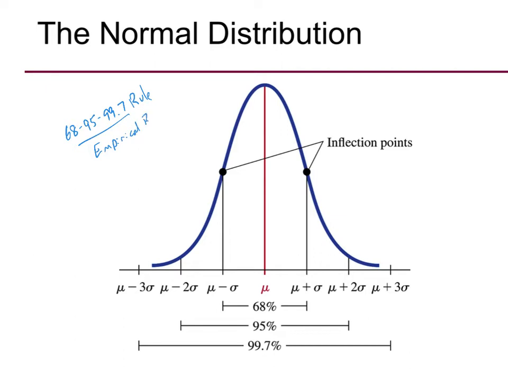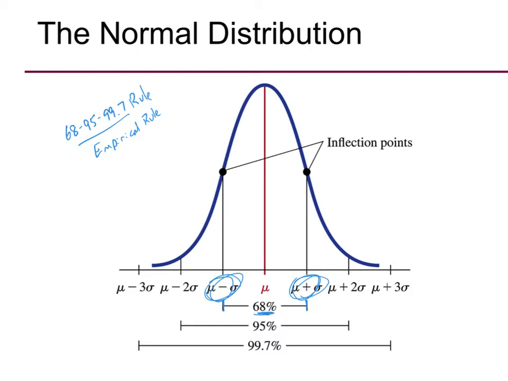What it says is that if I have a data set with some mean and some standard deviation, then if I add and subtract that standard deviation from the mean, 68% of the data falls within that interval. So if we knew the mean and standard deviation of 20-year-old males, 68% of them are shorter than this height and taller than that height. They fall within that interval.